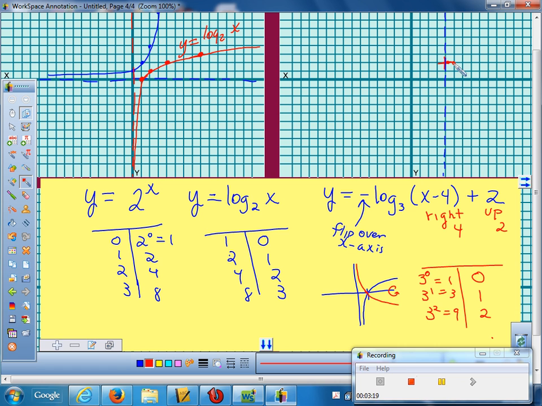Now I got to go 3, 1 from the origin. 1, 2, 3. Now up 1 or down 1? Down 1. It flips because of the negative, so I'm down 1. There it is. And then if I have 9, 2, 3, 4, 5, 6, 7, 8, 9, down 2.